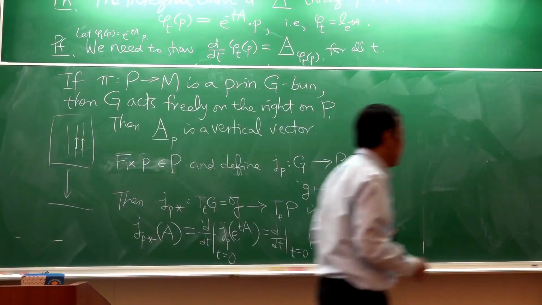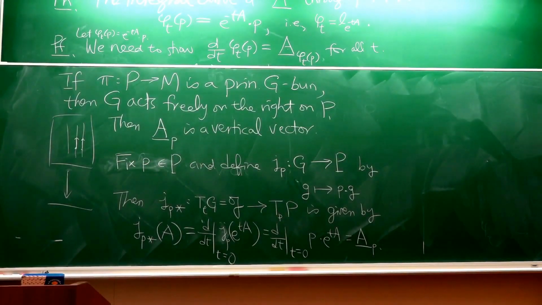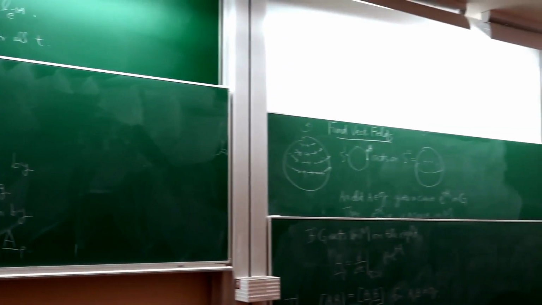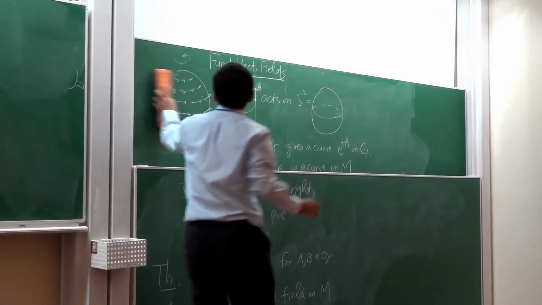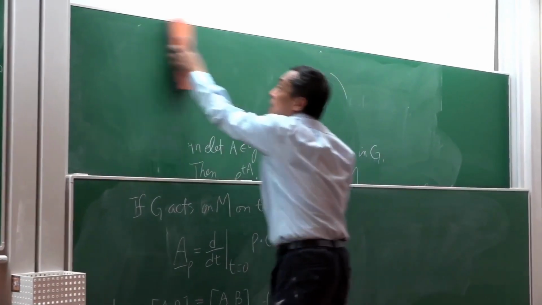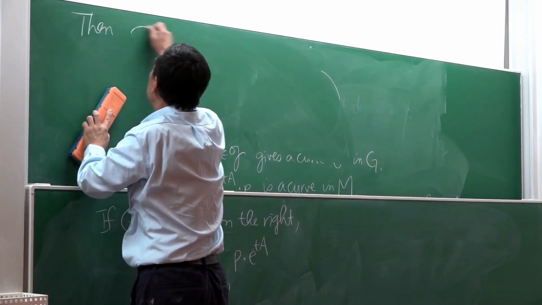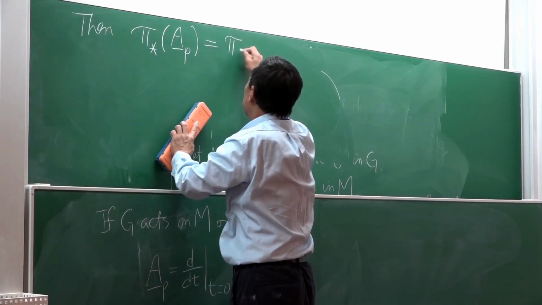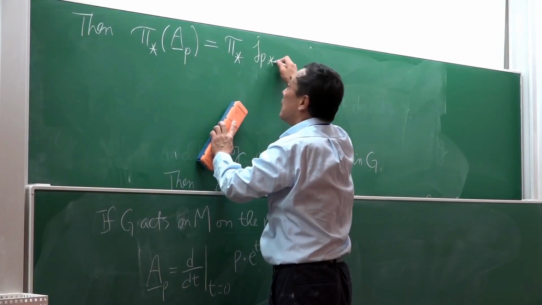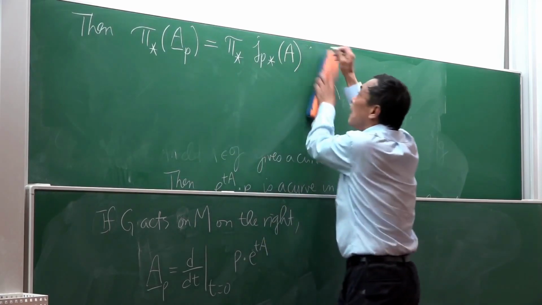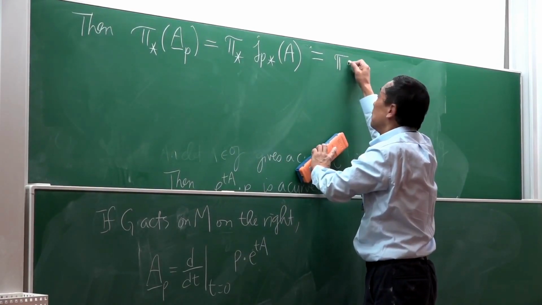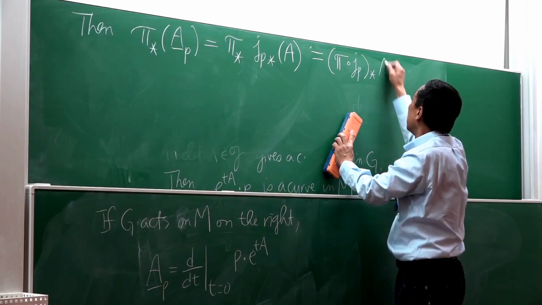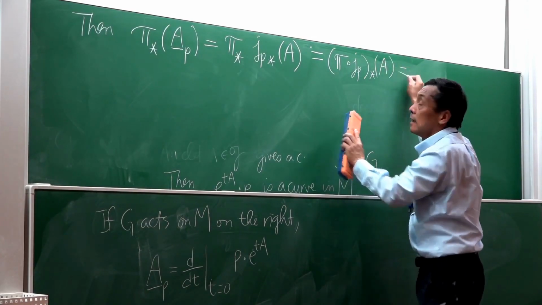And then if you take pi lower star, okay, if you take pi lower star of A bar p, you see that it's pi lower star of j_p lower star of A, and that's my functoriality, pi composed with j_p lower star A. Okay?